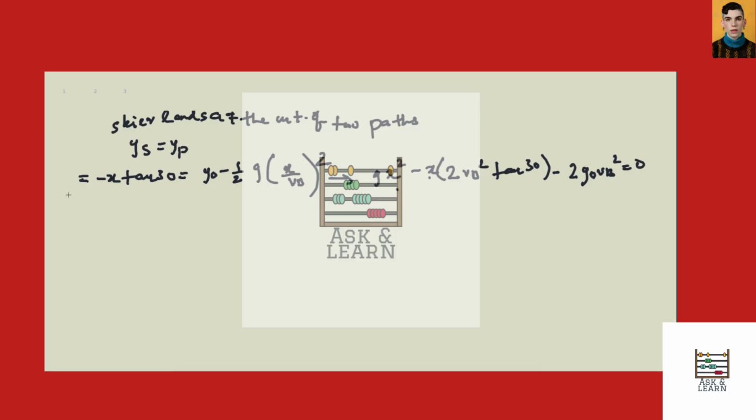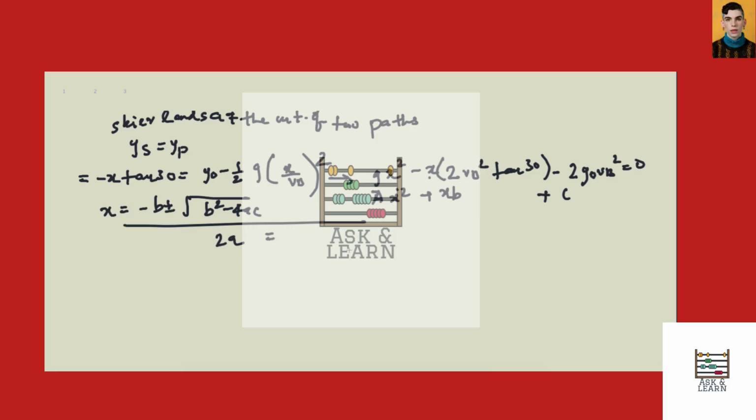So therefore, we can solve this quadratic. x is equals to, now we have, this is a x squared plus b x plus c. So we'll solve this quadratic by minus b plus minus square root of b squared minus 4ac over 2a.